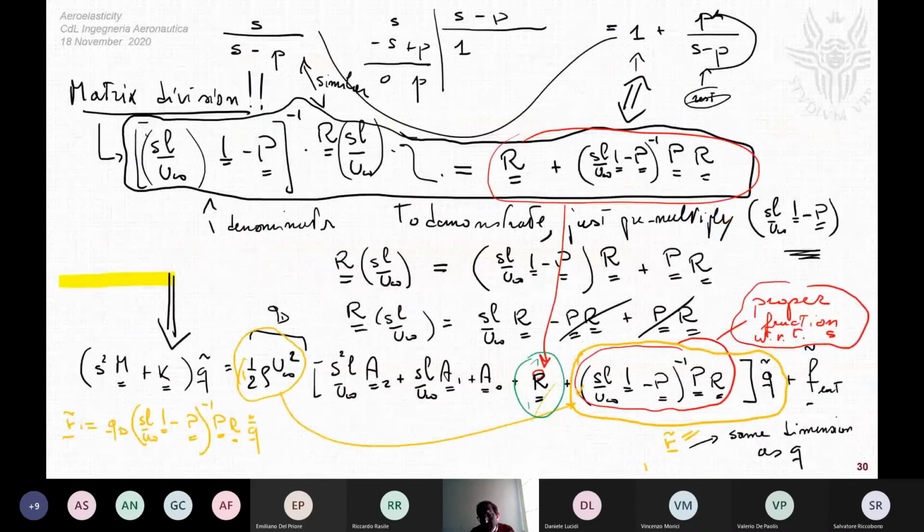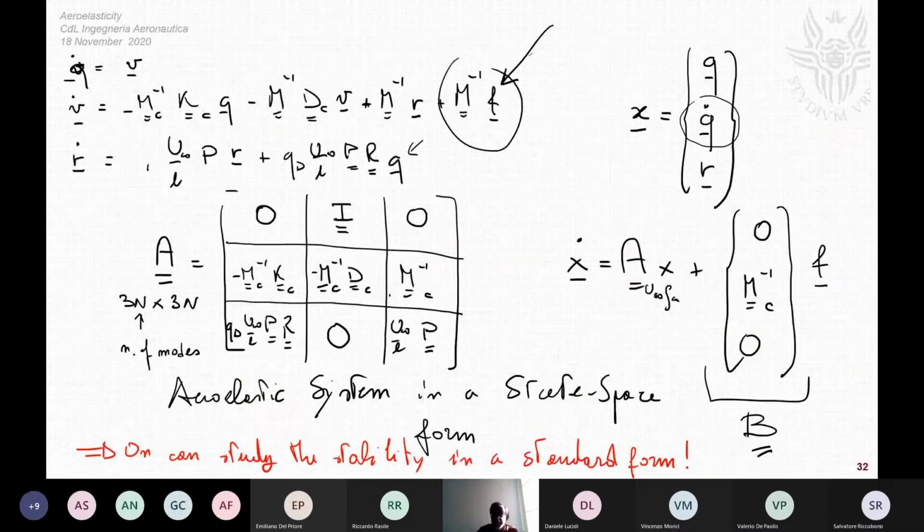The price we paid is the expansion of the state vector, including this new state space variable. This new state space variable is actually representing the dynamics of the aerodynamic, and the coefficient matrix associated to this new state space equation is, as you can see here, this system, and this matrix.